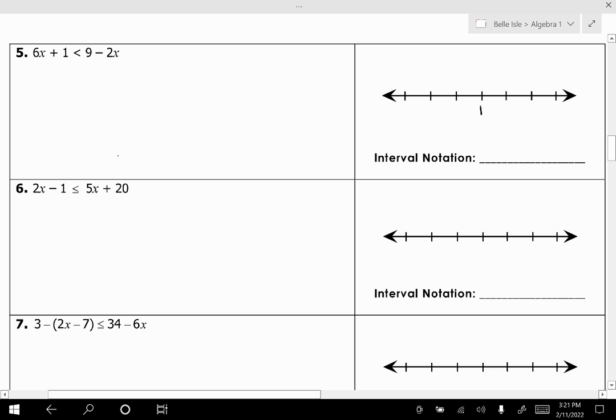Separate from the parentheses, just the negative. Just the negative. So you kind of pretend that negative.